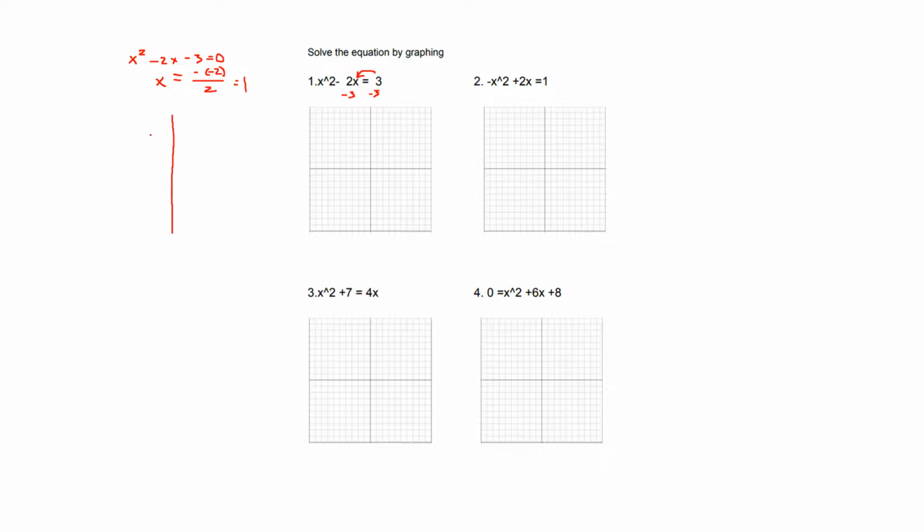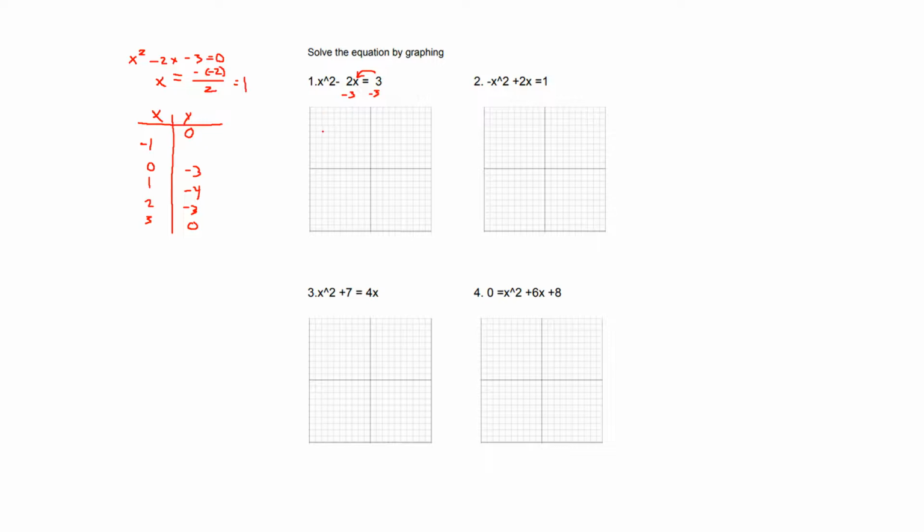If you were to create a little chart with our points, we'd start with 1. Just to be safe, you add two x values on either side. -1, you get 0. 0, you get -3. 1, you get -4. 2, you get -3. 3 is 0.